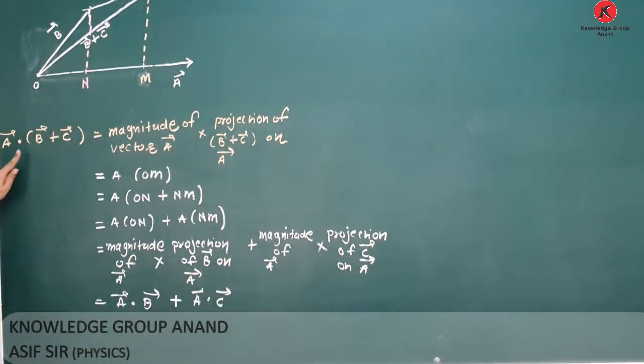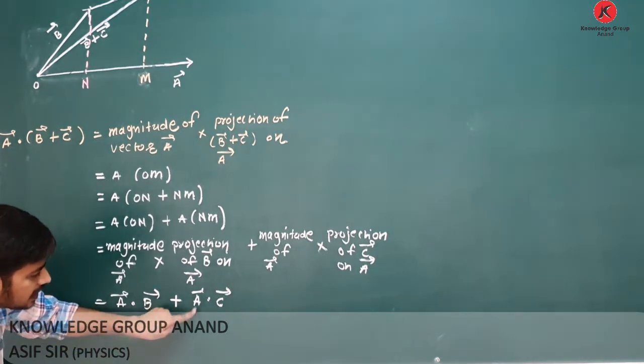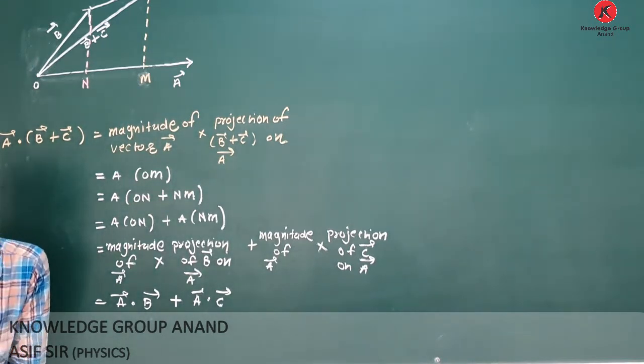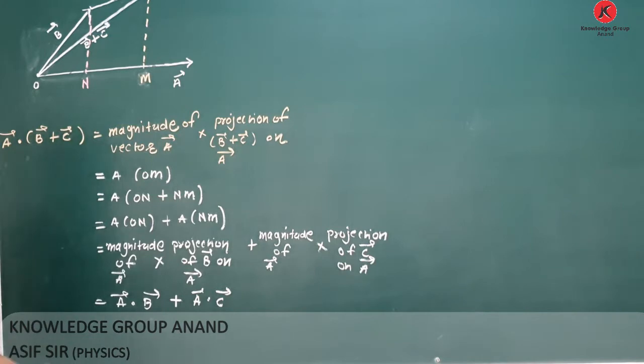Then the left hand side equals the right hand side. So A dot (B plus C) is equal to A dot B plus A dot C. It is the distributive law. Now, next property.